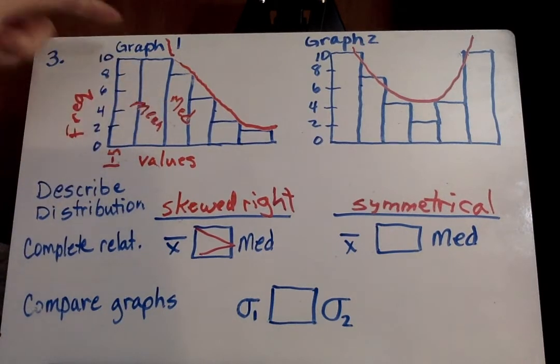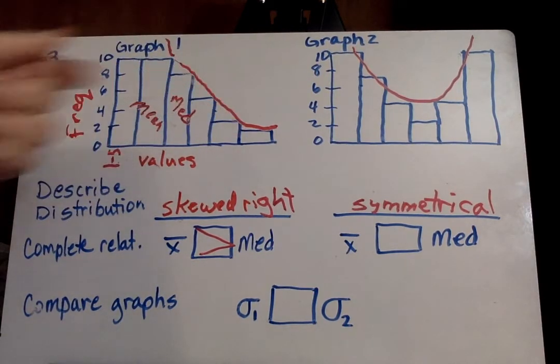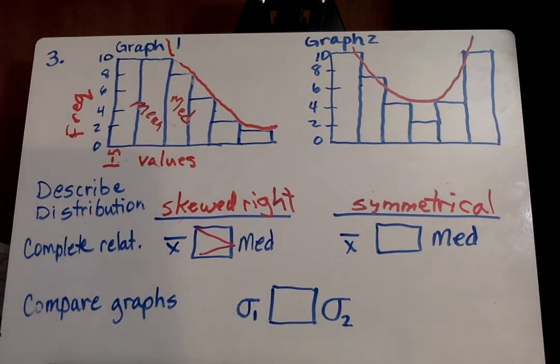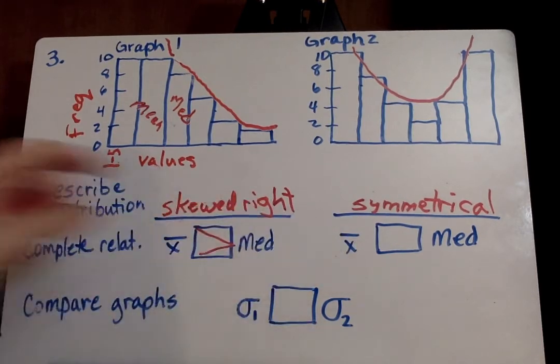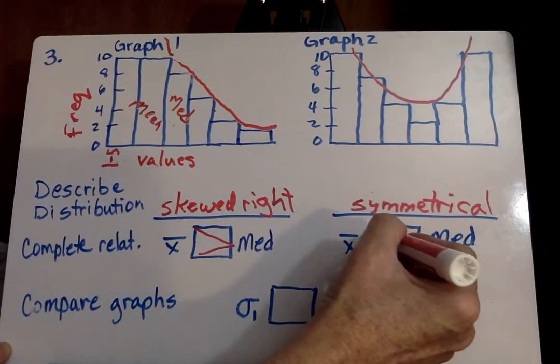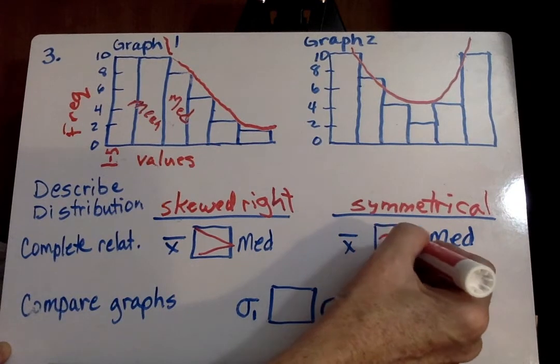Again, the median is the middle number in the data when it's least to greatest, and the mean is the average where you're adding all the numbers together and dividing by how many numbers there are. Now, for symmetrical, remember our mean and our median are approximately equal.